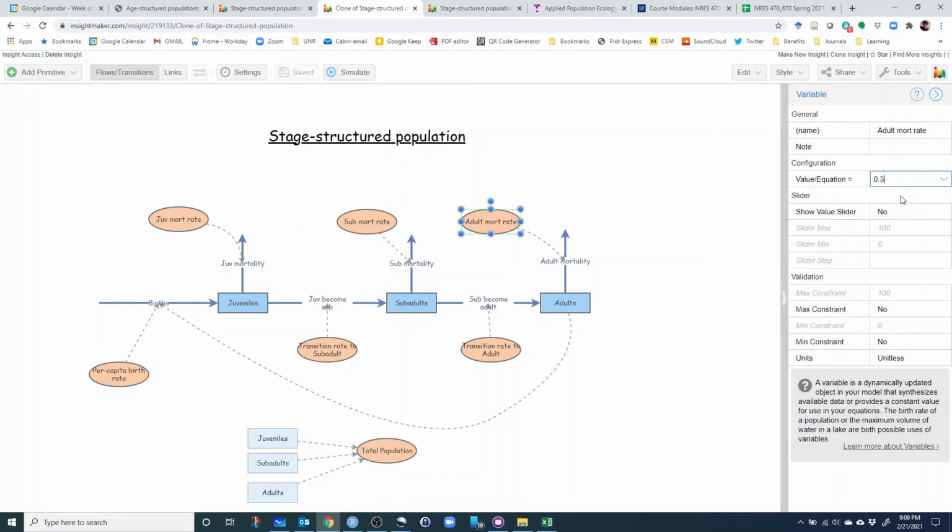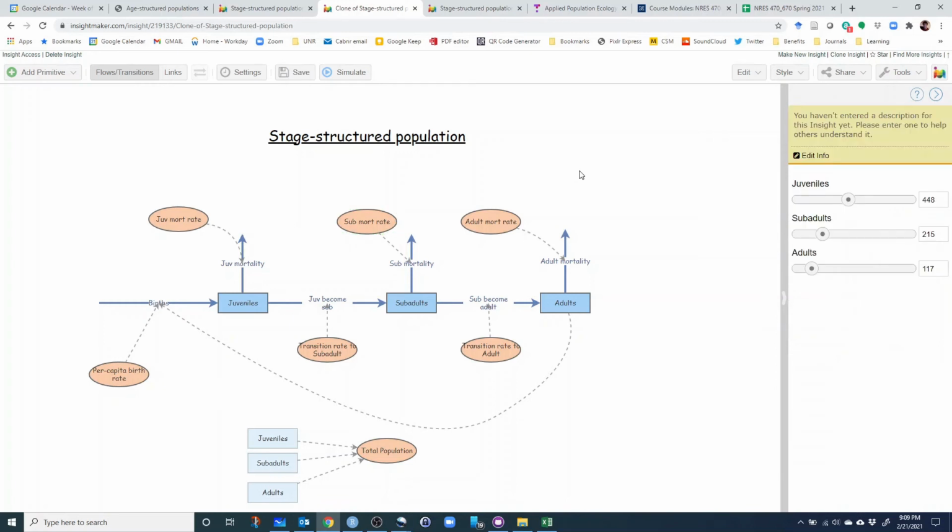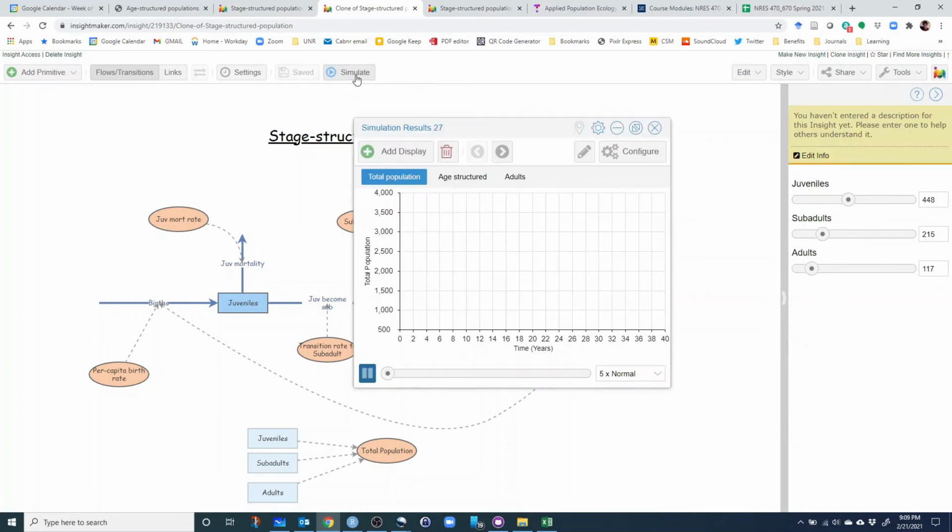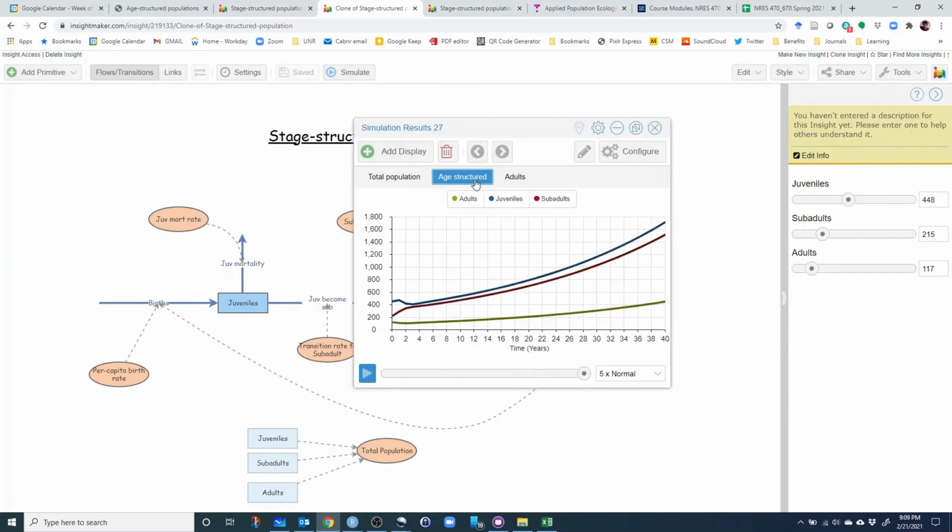So if I change that to 0.3 and I change subadult mortality rate to, say, 0.2, then I'm starting off at the same distribution, but it's not the stable age distribution anymore. So you'd have to actually do some more manipulations to figure out what that stable age distribution actually is now.